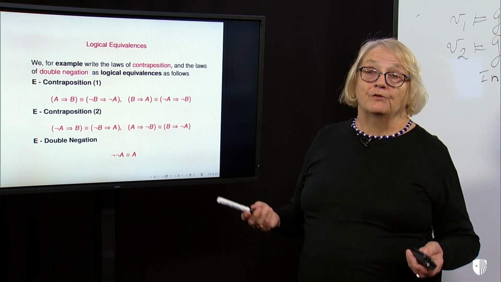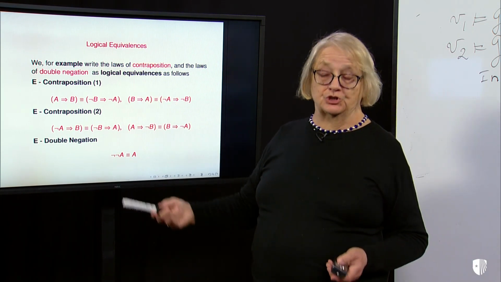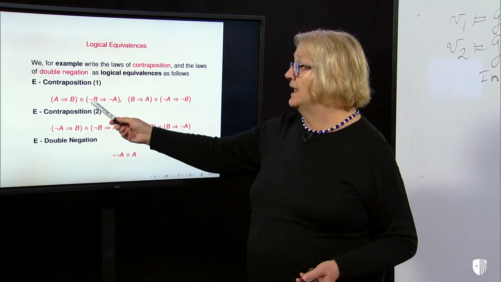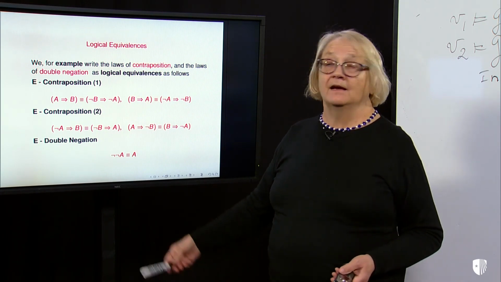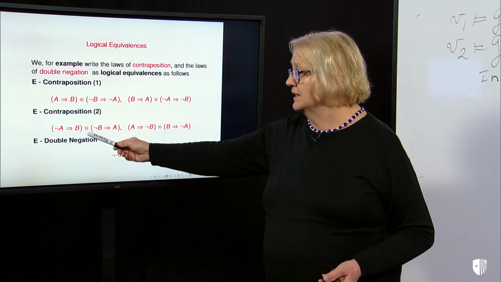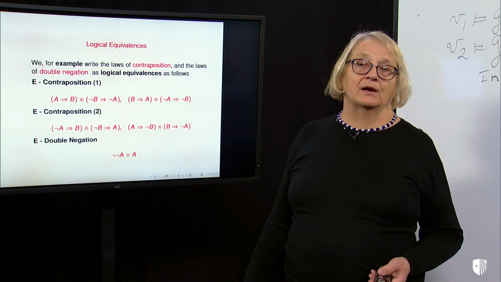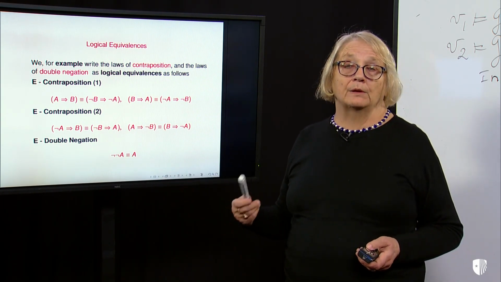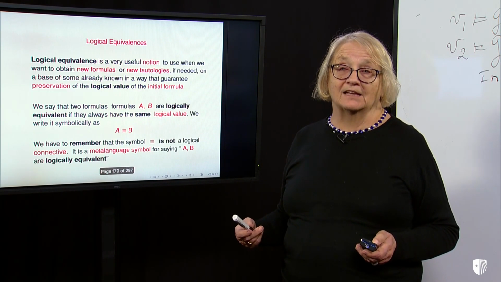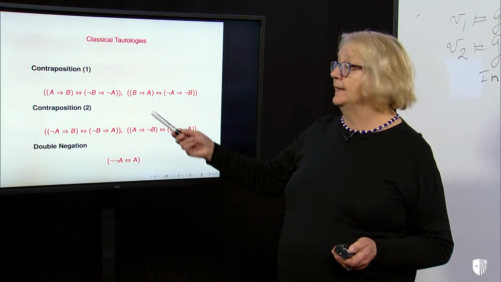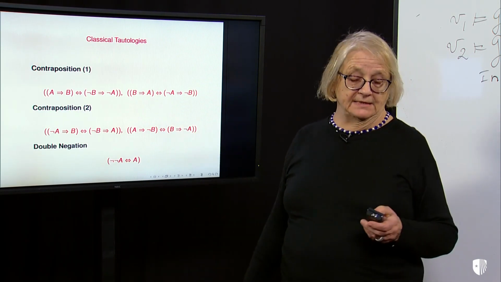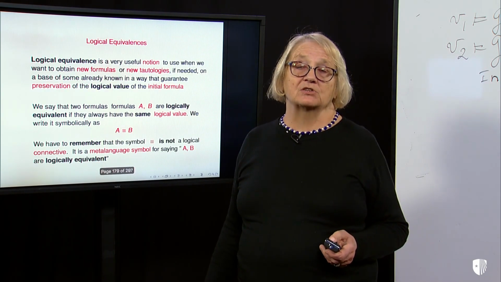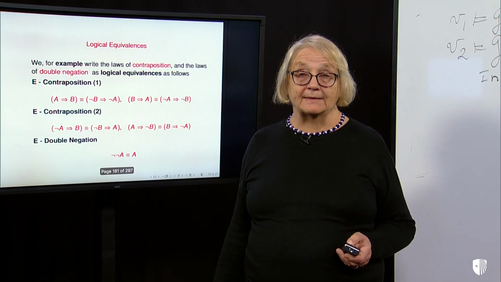Why do we do it? For example, the contraposition law we can write as logical equivalence. The other contraposition is also a logical equivalence. Double negation, we write likewise. All tautologies which we had for the if and only if connective, we can replace and write as logical equivalence.